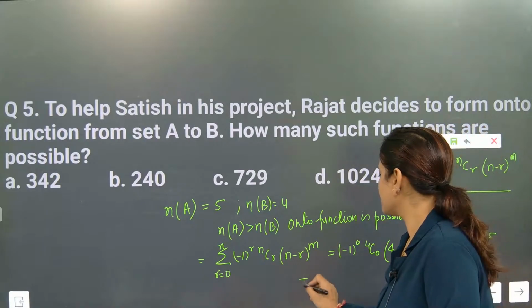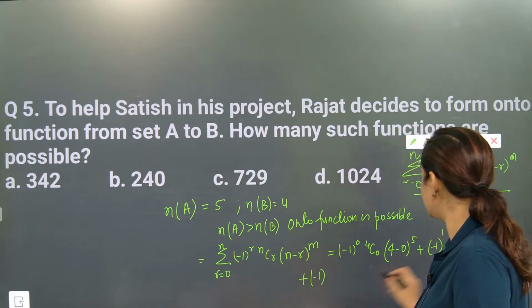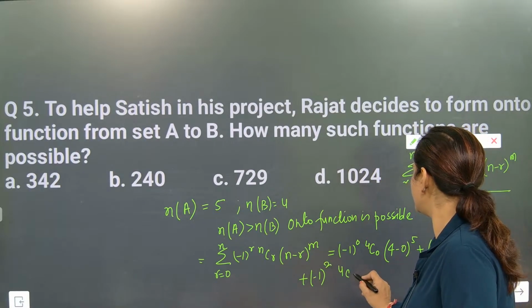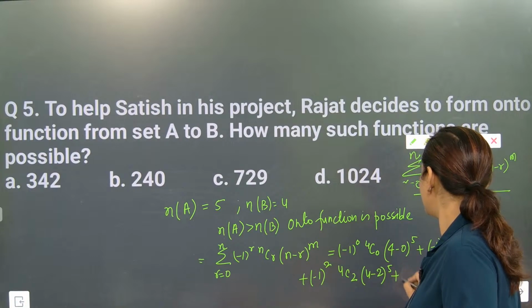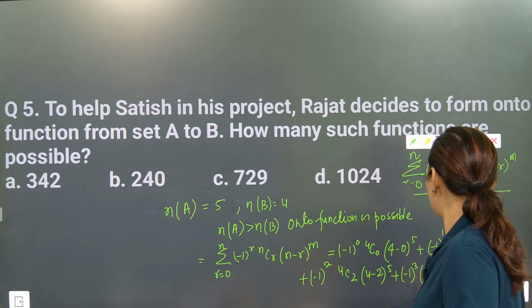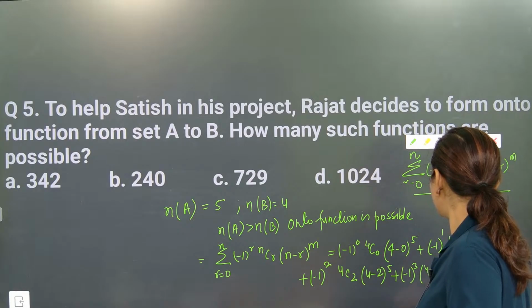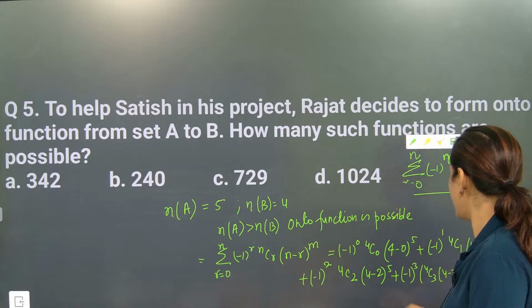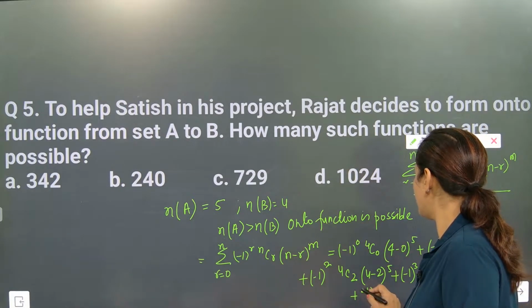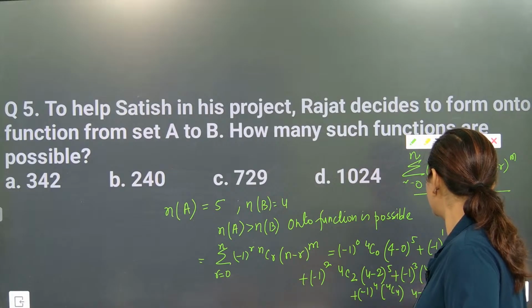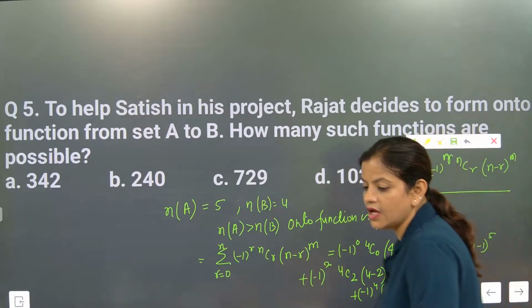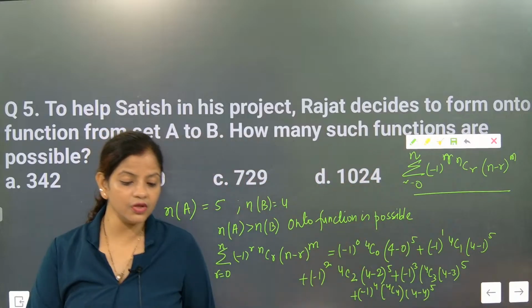Then (-1) to the power 2, 4C2, (4 minus 2) to the power 5. Then (-1) to the power 3, 4C3, (4 minus 3) to the power 5. And then (-1) to the power 4, 4C4, (4 minus 4) to the power 5. Got it? So like this you have to open it and then solve.